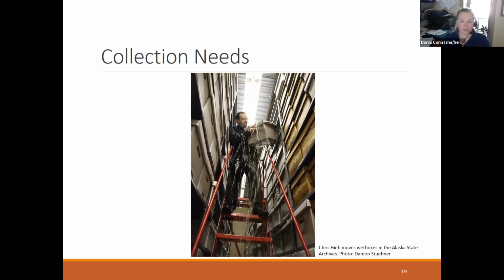So what you want to be thinking about, again, because this is a quick assessment, is not handling anything right away. So unlike in this image here that we see of one of the staff members of the Alaska State Archives, we're not going to be picking up boxes, dumping the water off of them, and assessing the actual contents of the box during that initial damage assessment.